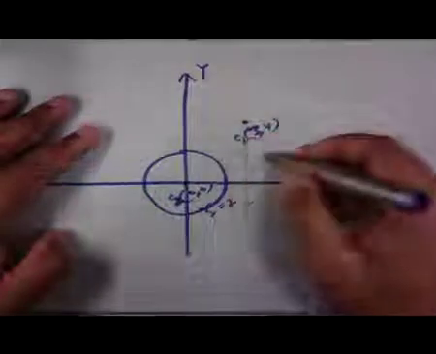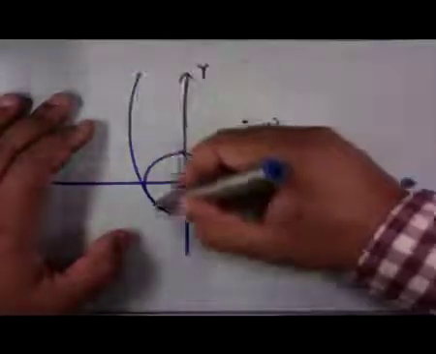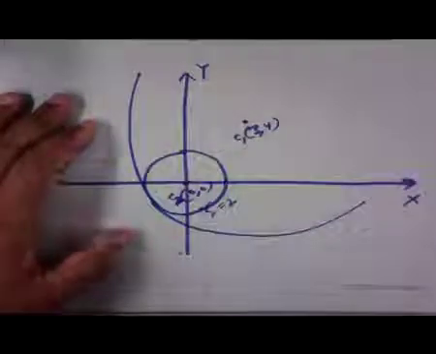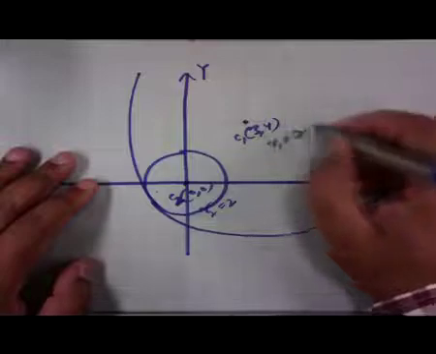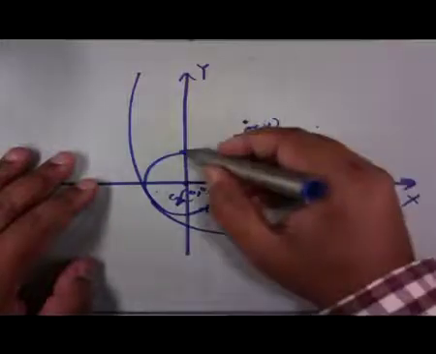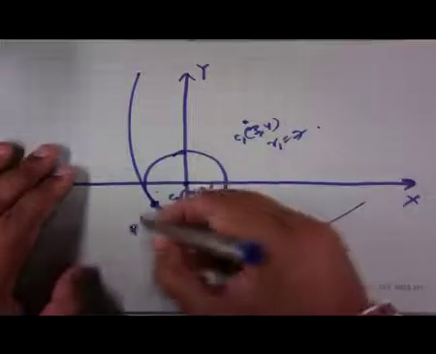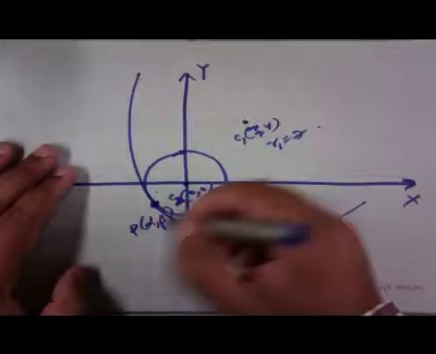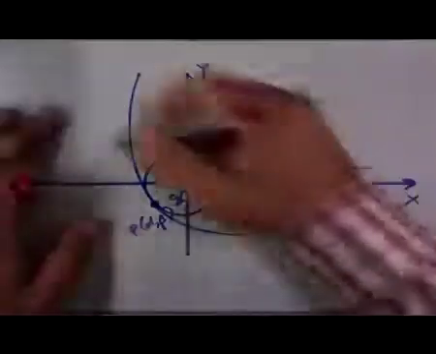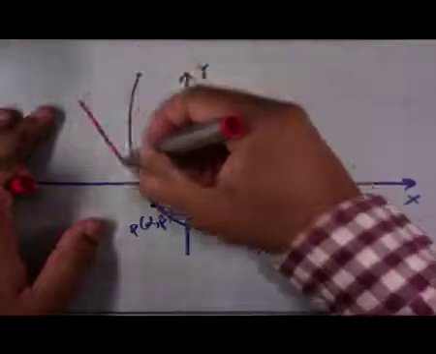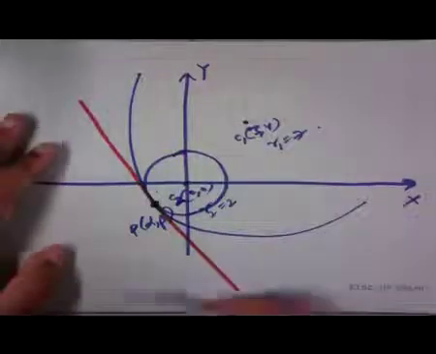The other circle has center C1 and radius 7, which I am just drawing here, but obviously we cannot draw the entire circle because this radius is 7 units, and as we can see these two circles touch internally at this point P. So, they have only one direct common tangent.